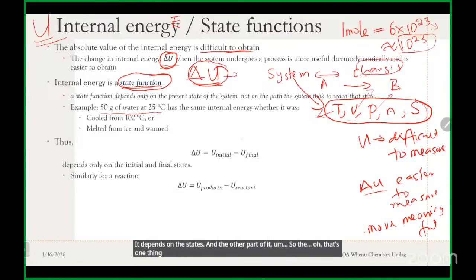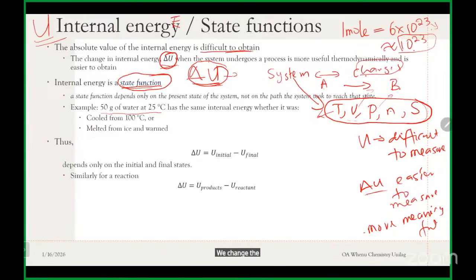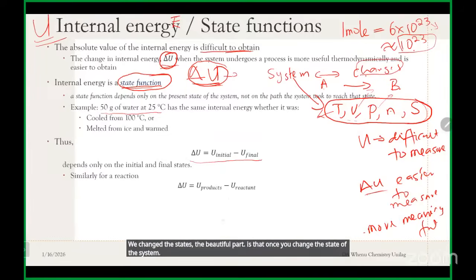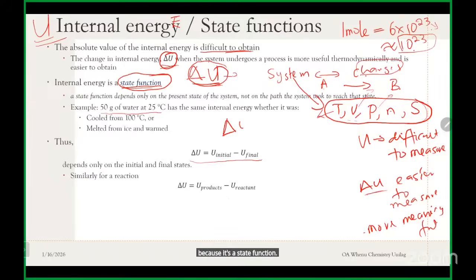Anytime you change the state of the system, the beautiful part is that because internal energy is a state function, the change in internal energy is just final minus initial.